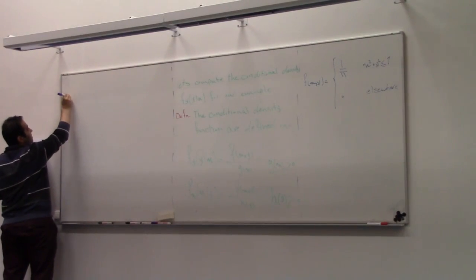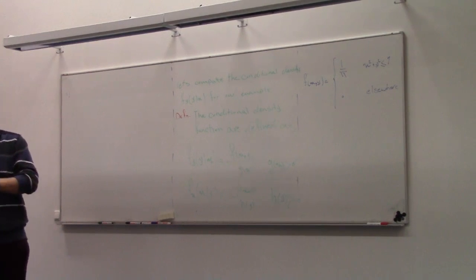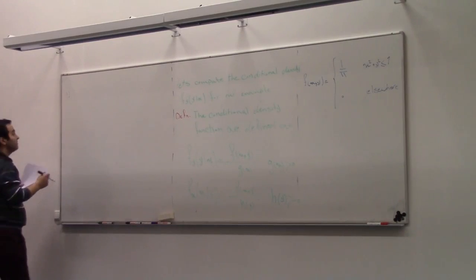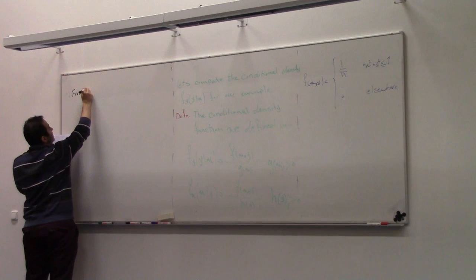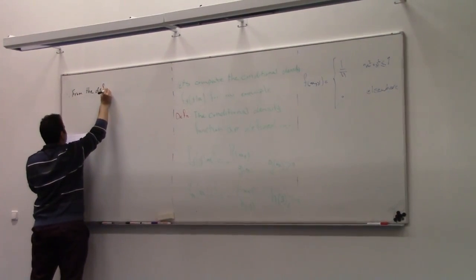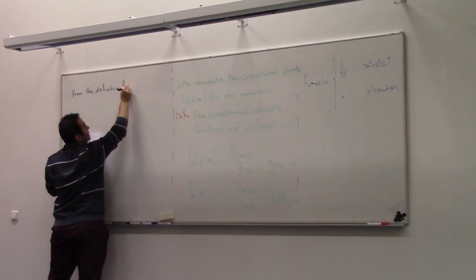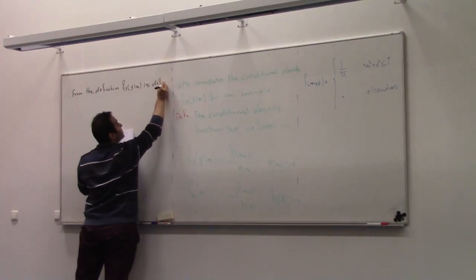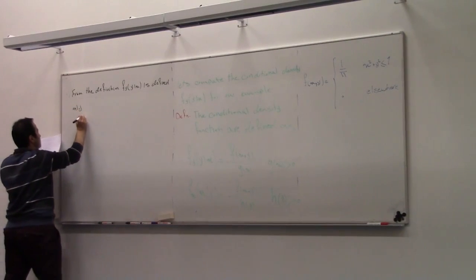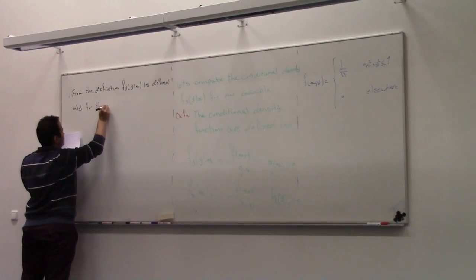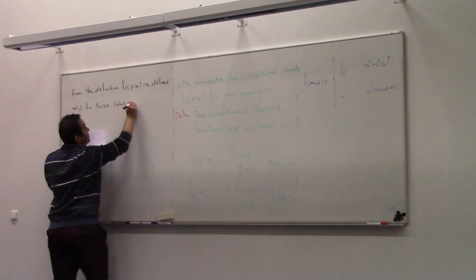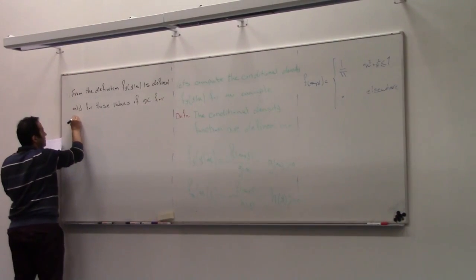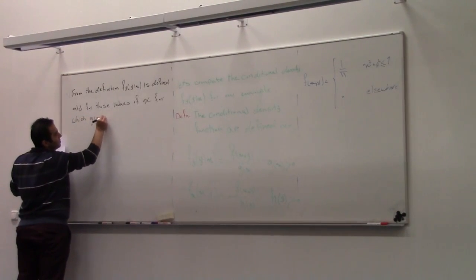First, we have to know from the definition that fy given x is defined only for those values of x for which Jx is greater than 0.